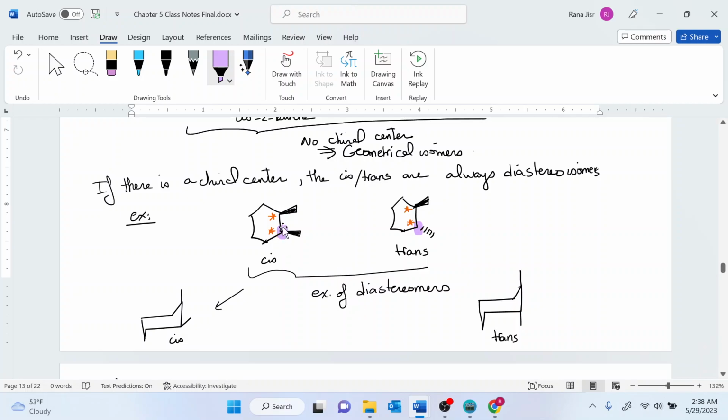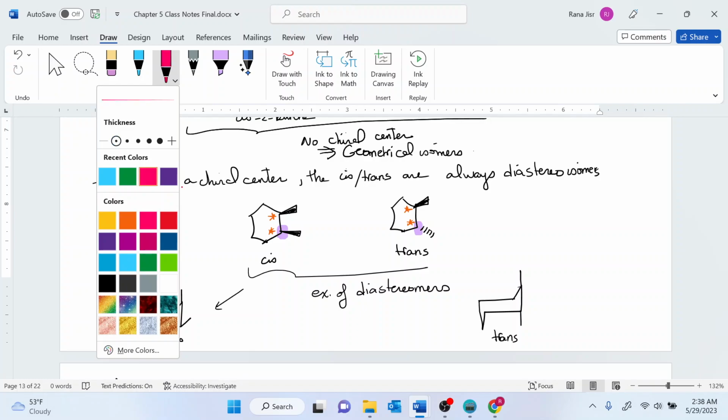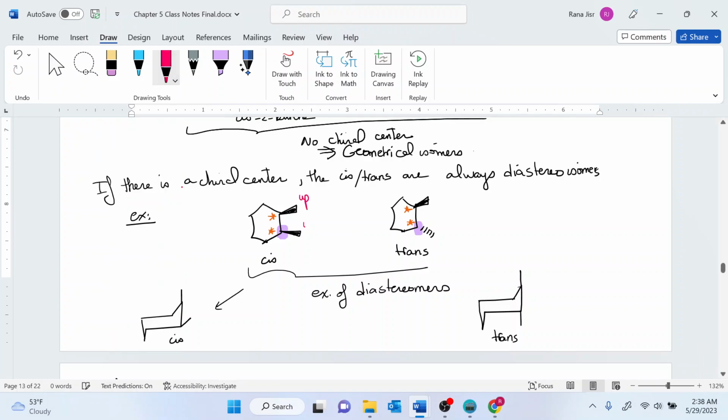In chapter 4, we learned how to change the cyclohexane into a puckered chair conformation and how to draw the groups on the cyclohexane using the puckered chair conformation. So here the groups need to remain in the same orientation pointing up, and this is the cis and this is the trans.